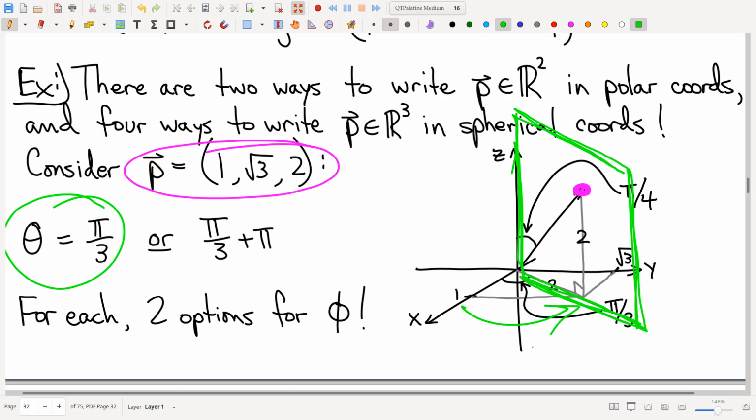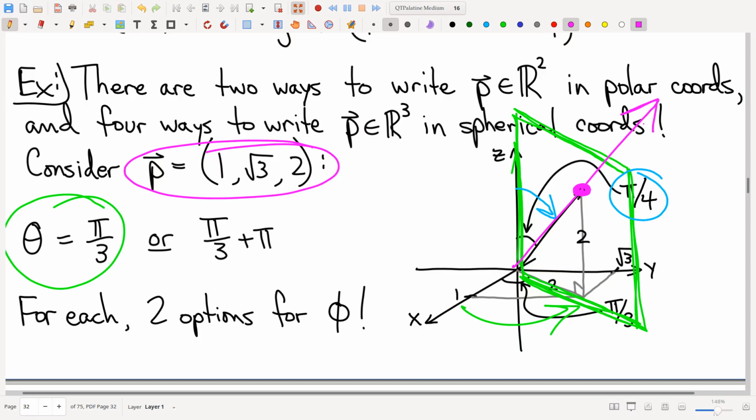And then what is the corresponding value of phi? Well, I could rotate that way by pi over 4. That would get me going in the correct direction. I can then do a little bit more geometry and figure out the rho, and that's all fine, right? So theta equals pi over 3, phi equals pi over 4 is a perfectly reasonable set of spherical coordinates and the corresponding value of rho.